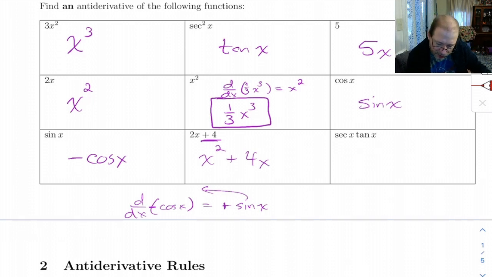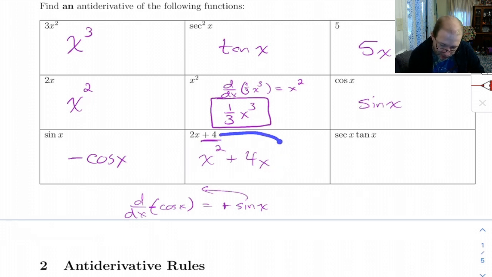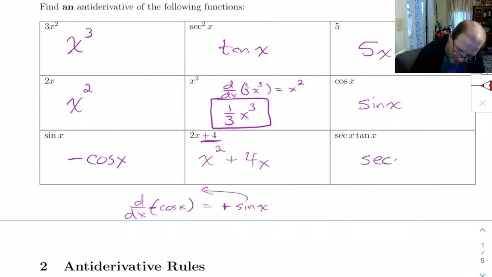So on all of these, you can go back and take the derivative. The derivative of this is going to be 2x plus 4. So the antiderivative of 2x plus 4 is going to be x squared plus 4x. All right, what about this last one? Secant x tan x. What is that the derivative of? Well, it's the derivative of secant. So its antiderivative is going to be secant x.